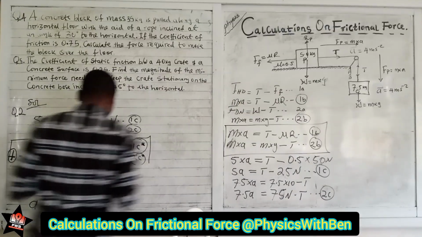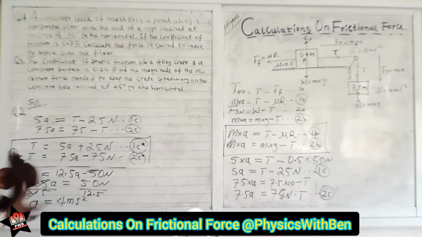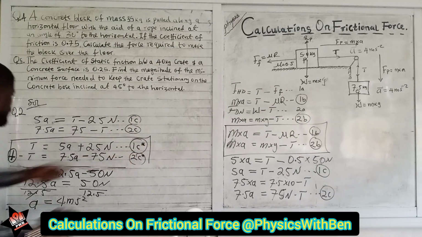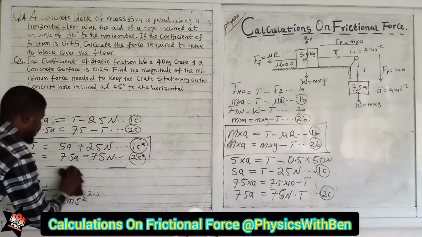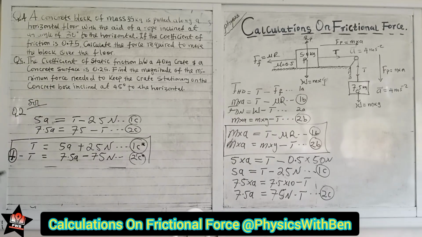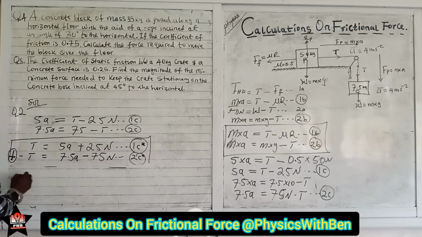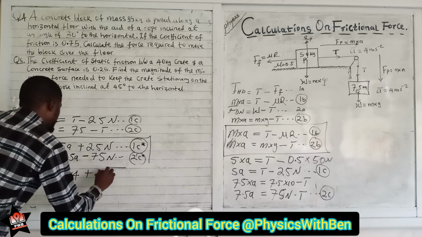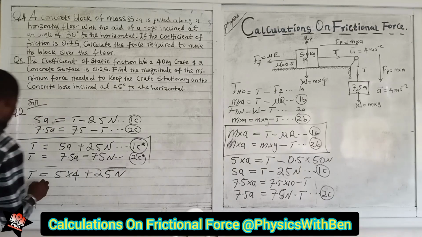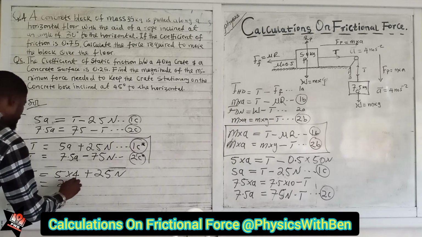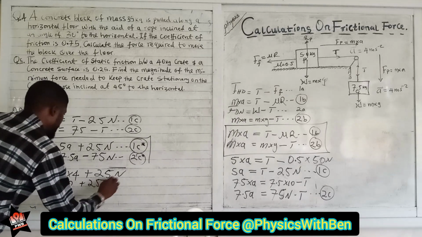At this point we are going to come back to equation 1C star or 2C star and find our tension. We can plug into that and find. So equation 1 will have T is equal to 5 times 4 plus 25 Newton. That is 20 plus 25 Newton.